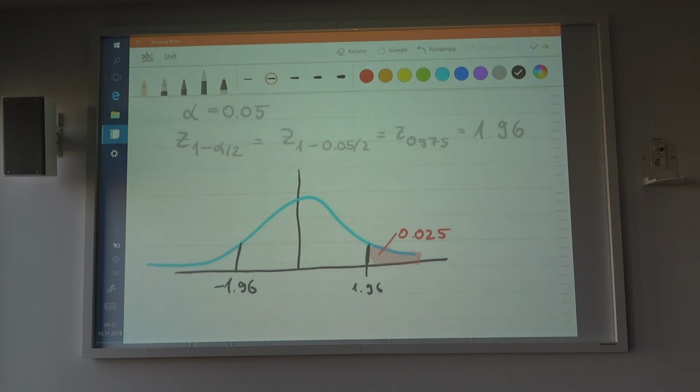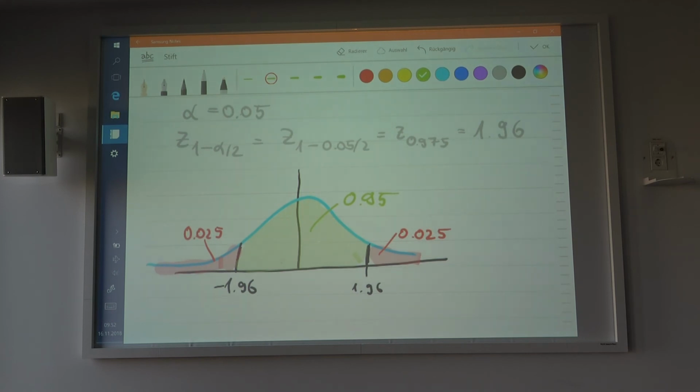The area on the left is just as large as the area on the right, which is also 0.025, or 2.5%, because the density function is symmetrical. So in between you have 95%. That's where it comes from: 95% of all observations of the standard normal distribution are between negative 1.96 and 1.96.